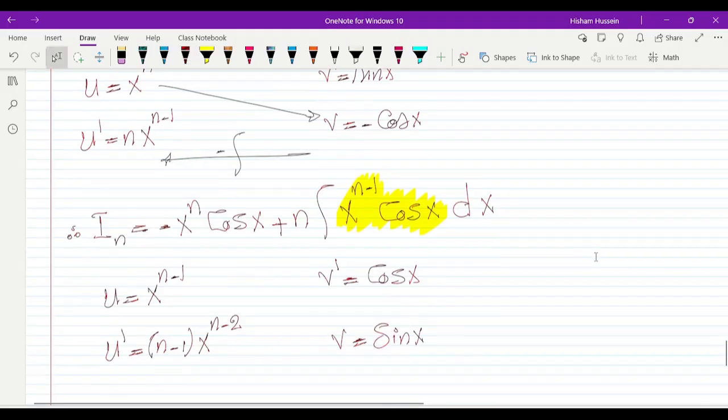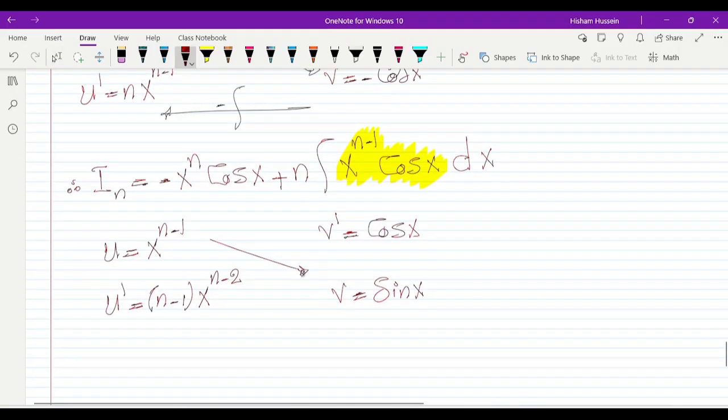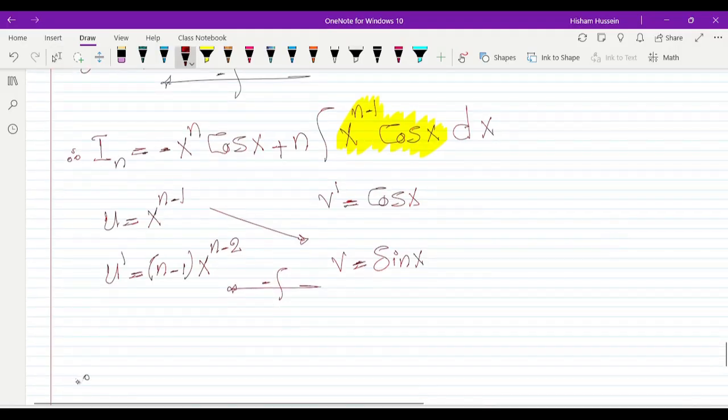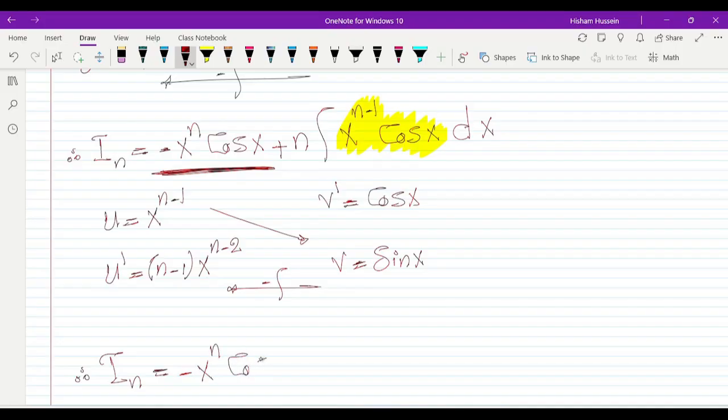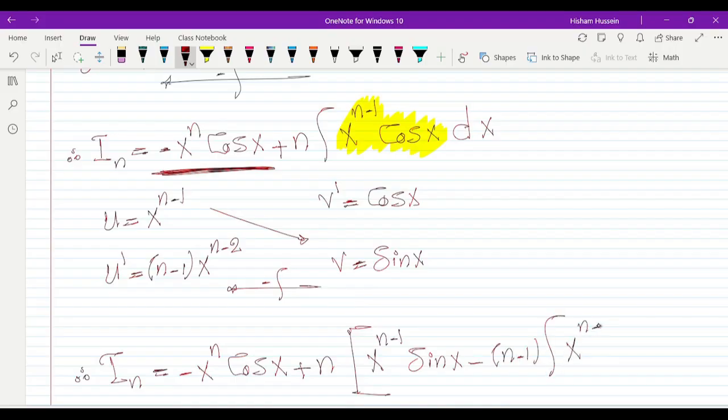Now apply the integration by parts technique: u times v minus the integration of u dash times v. So I_n will have the first term, don't forget it, keep it as it is, negative x to the power n cosine x, plus n times u times v, which is x to the power n minus 1 sine x, minus n minus 1 times the integral of x to the power n minus 2 times sine x dx.